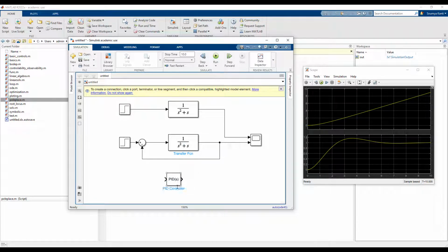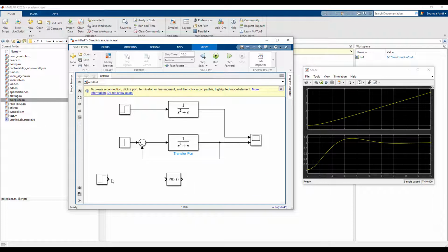There are different kinds of blocks, I should mention that. This has an input and an output, but for the step response, you can see it only has an out port, and the scope only has input ports. These are called sinks and these are called sources.